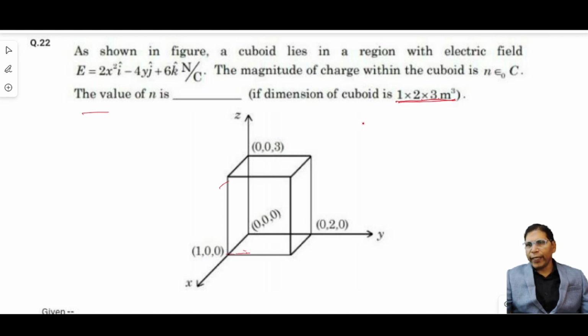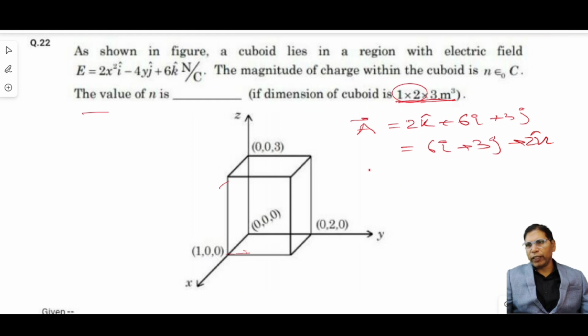So look at this, the area vector: 1 into 2 is perpendicular to z axis, so this is 2 k cap. Now 2 into 3, this is 6 i cap, and 3 into 1, this is 3 j cap. So the area vector is 6 i cap plus 3 j cap plus 2 k cap.